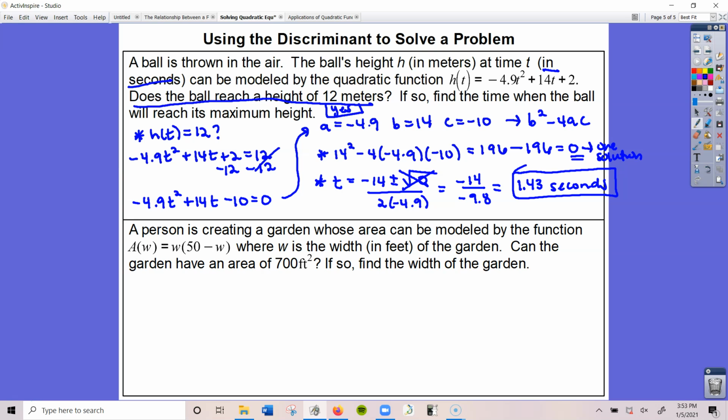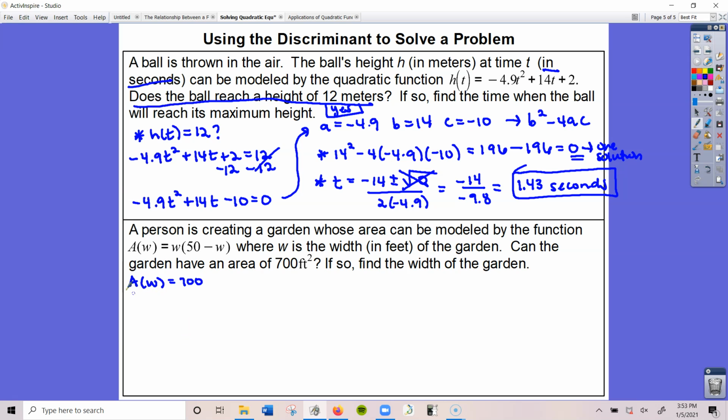In this next example, we have a person creating a garden whose area can be modeled by the function A of w is equal to w times 50 minus w, where w is the width in feet of the garden. Can the garden have an area of 700 feet squared? And if so, find the width of the garden. So we are trying to figure out if A of w is going to end up equaling 700.